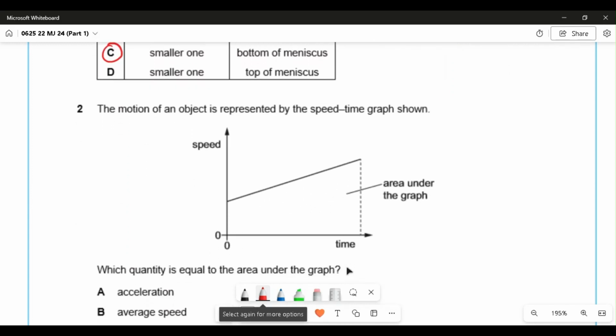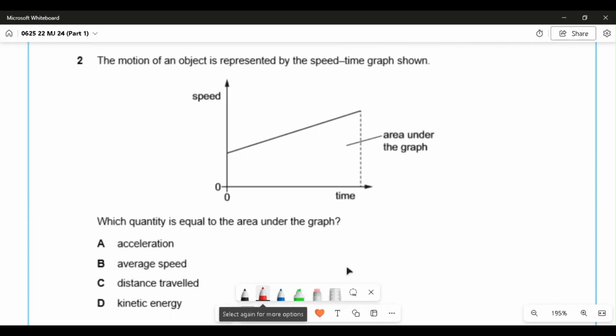Question number 2. The motion of an object is represented by a speed-time graph, speed on the y-axis, time on the x-axis. Whenever we have a speed-time graph in which the line is a straight line, you can say speed is increasing with respect to time at a constant rate, so acceleration is constant.